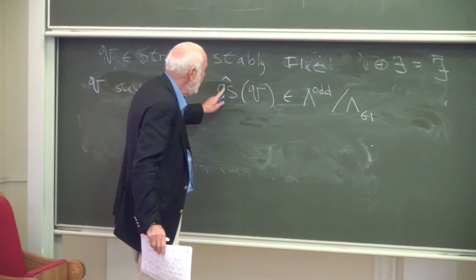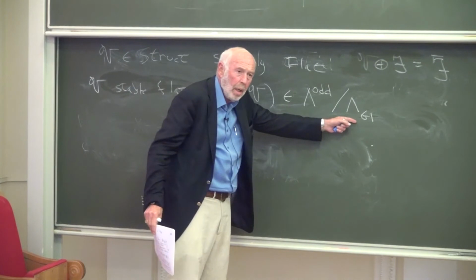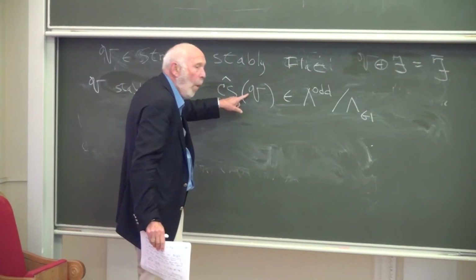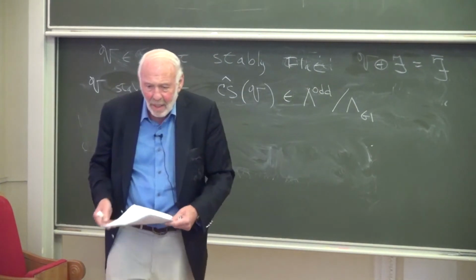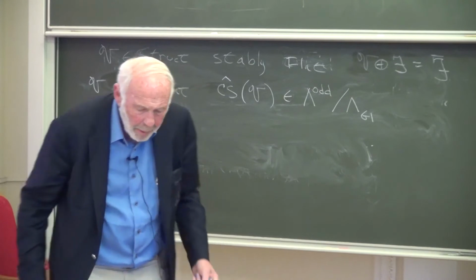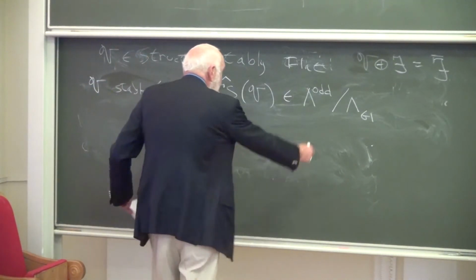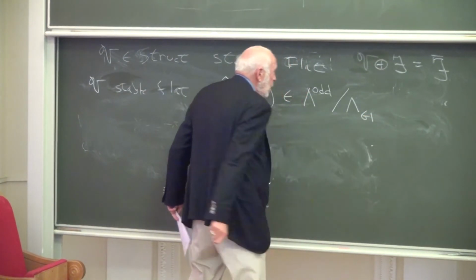I can get a CS term if I allow some ambiguity, by just one connection. Remember, wedge GL contains all exact things too.